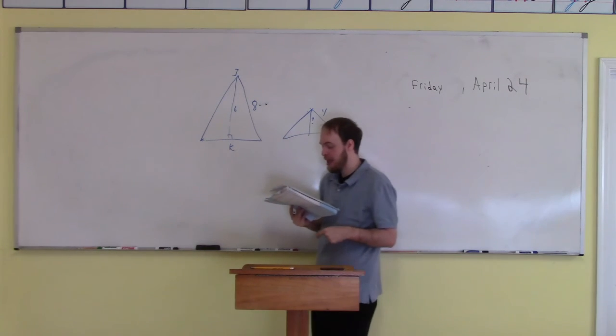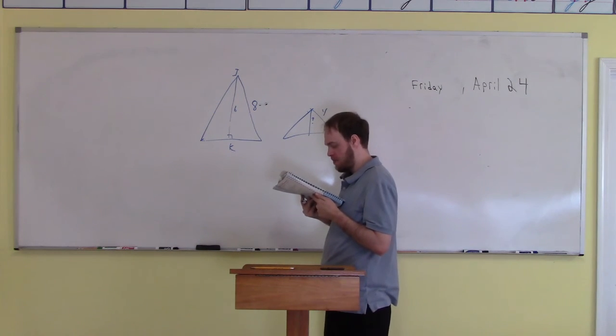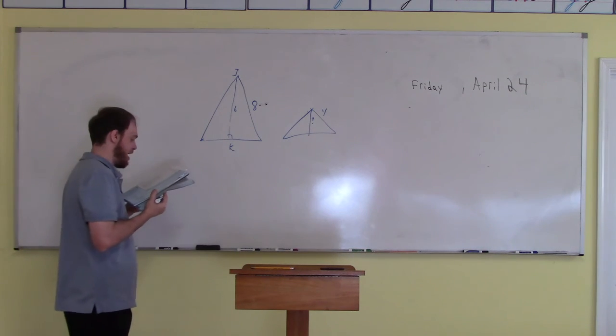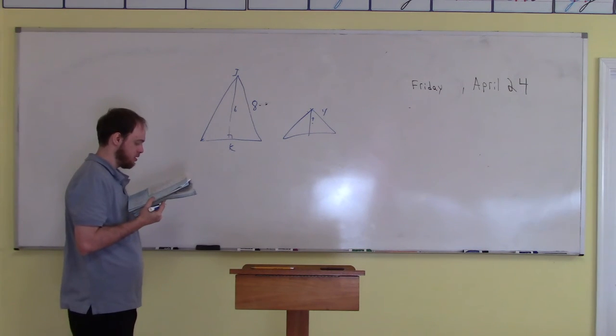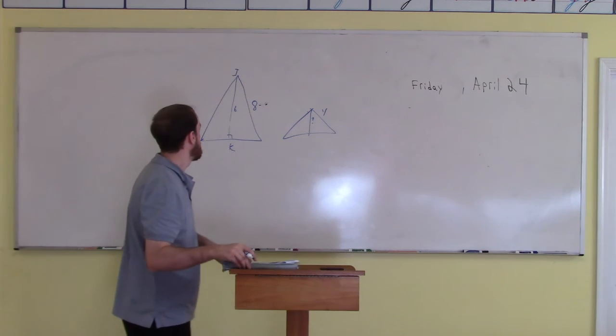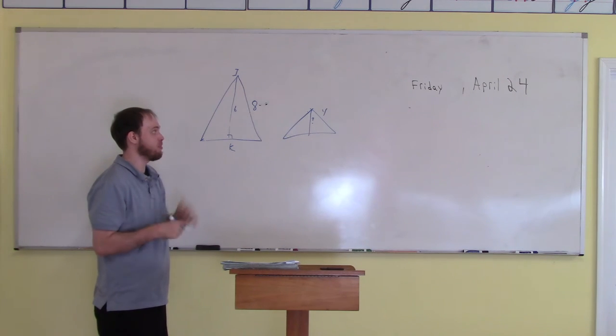And so again, basically you're going to set up a proportion. And so you're going to do 8 over 6. Well, you can set it up a few different ways, really. We know that the altitudes have to be proportionate, and we know that the sides have to be proportionate.